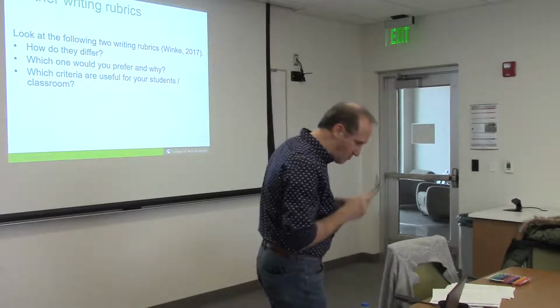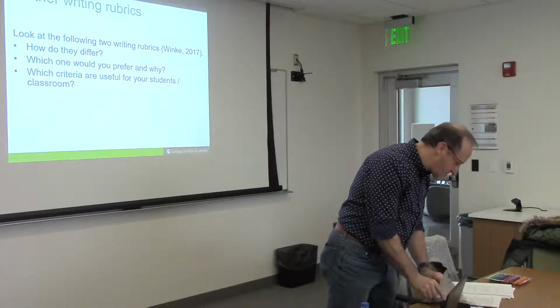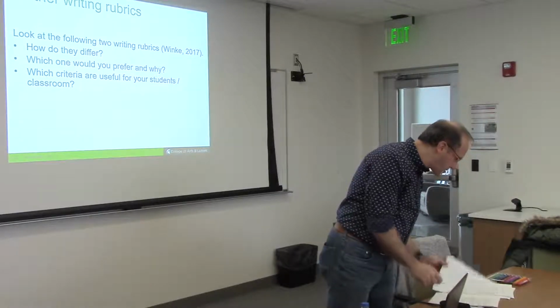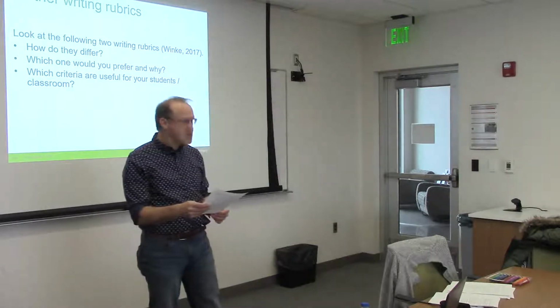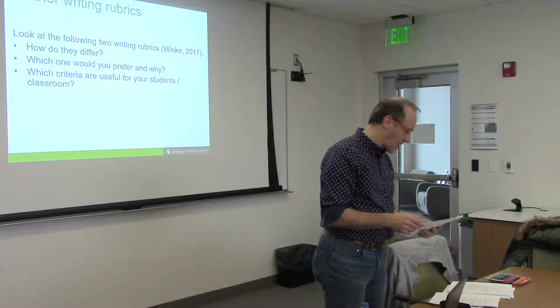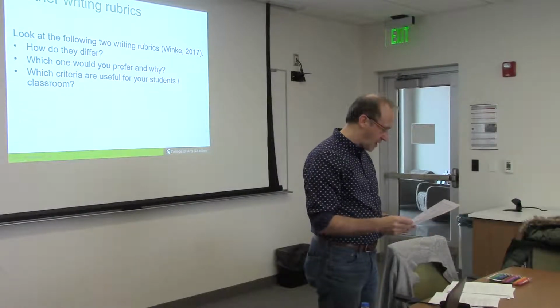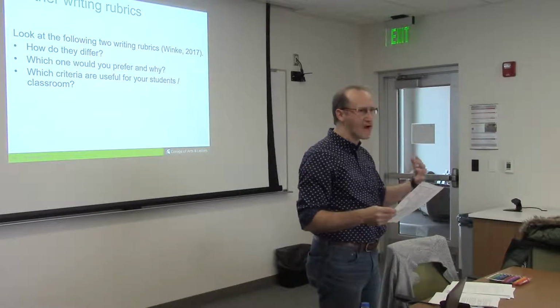You also have two writing rubrics, and again, the first one, example 1, is a very traditional writing rubric, and the second one, linking up with Rajiv's comment, is more process-oriented. It's about the whole writing.